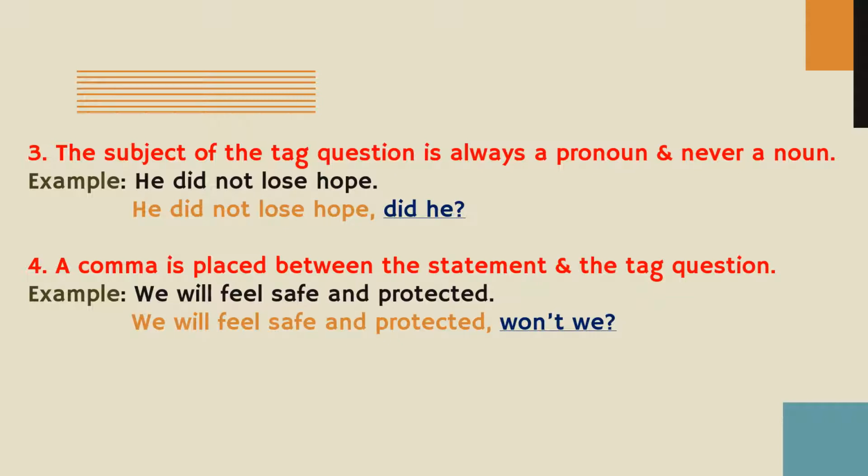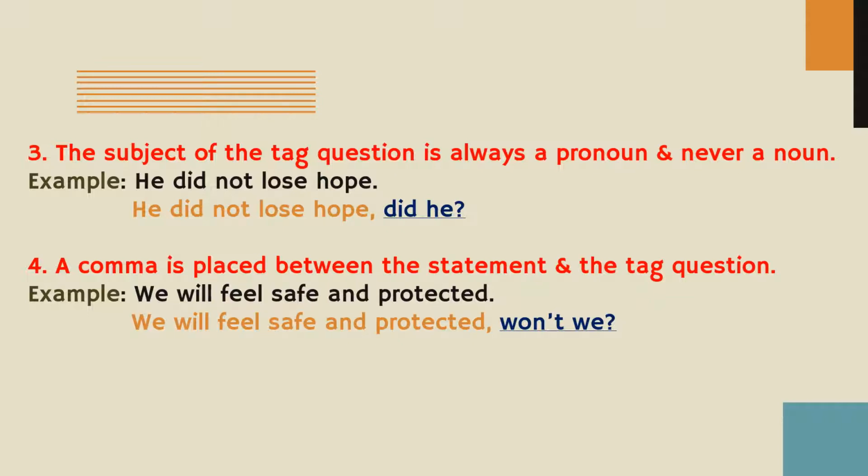So, by adding a question tag, you should always use a pronoun and not a noun. And along with the pronoun, this sentence is a negative statement. So, the tag will be a positive tag. So, did he is the added tag to the sentence.